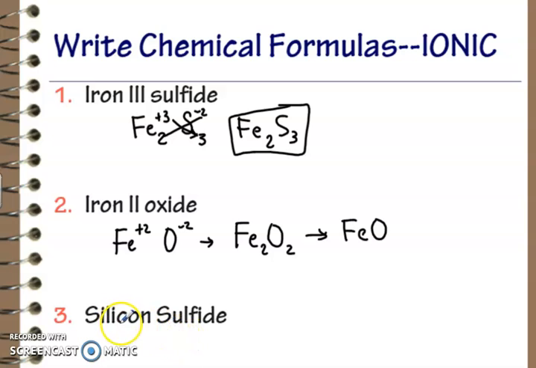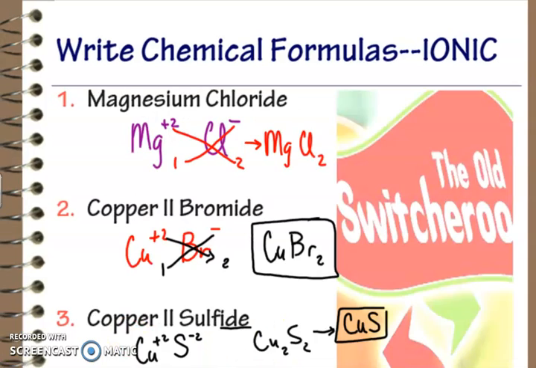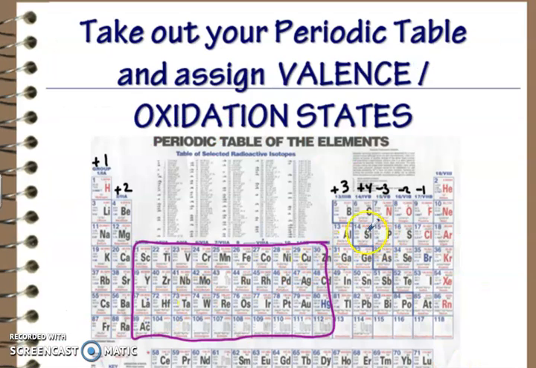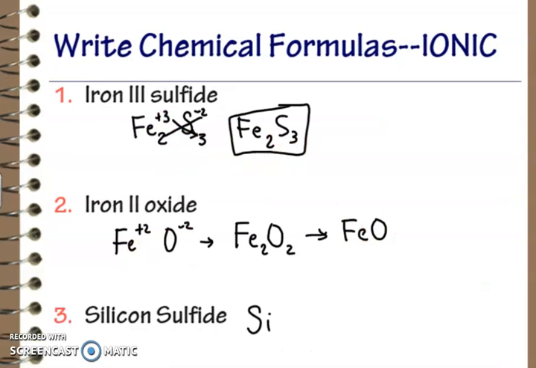Okay, silicon is Si, and it is right underneath carbon, right here, and it's got a +4 charge. And sulfide, we've done that now a couple of times. It's a -2. So let me get a different color here.